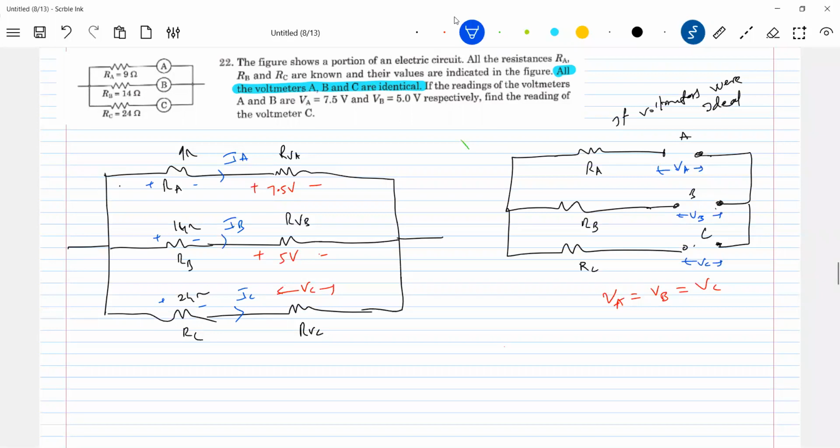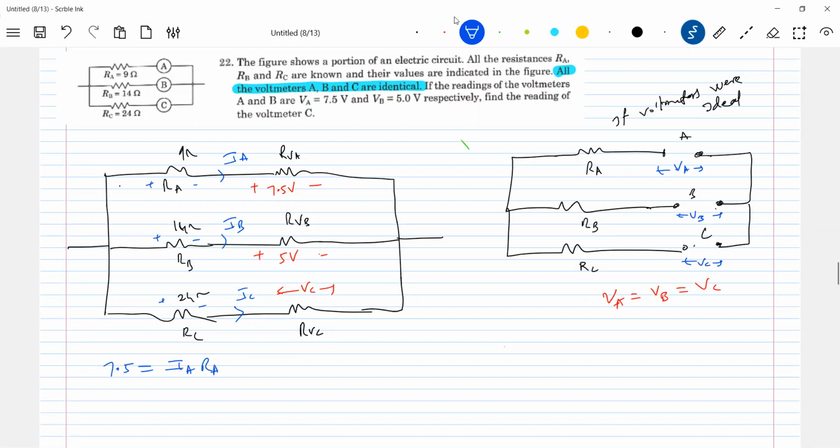The same current will pass through this one. So let me go with the mathematics. Ohm's law across voltmeter A: 7.5 should be equal to IA into RV.